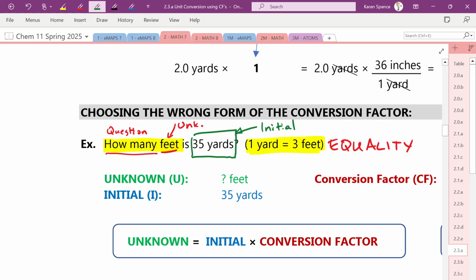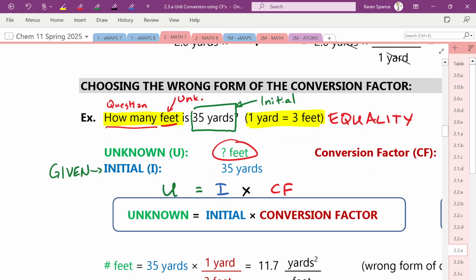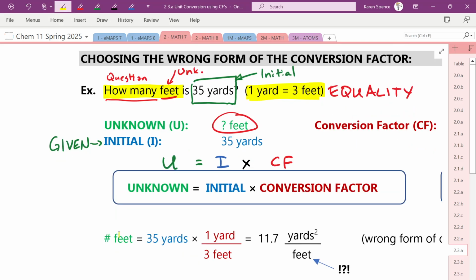Remember, the initial is the given. Our unknown is equal to our initial times the conversion factor. Excellent. So my unknown, I don't know how many feet, is equal to my initial quantity, 35 yards, times my conversion factor.